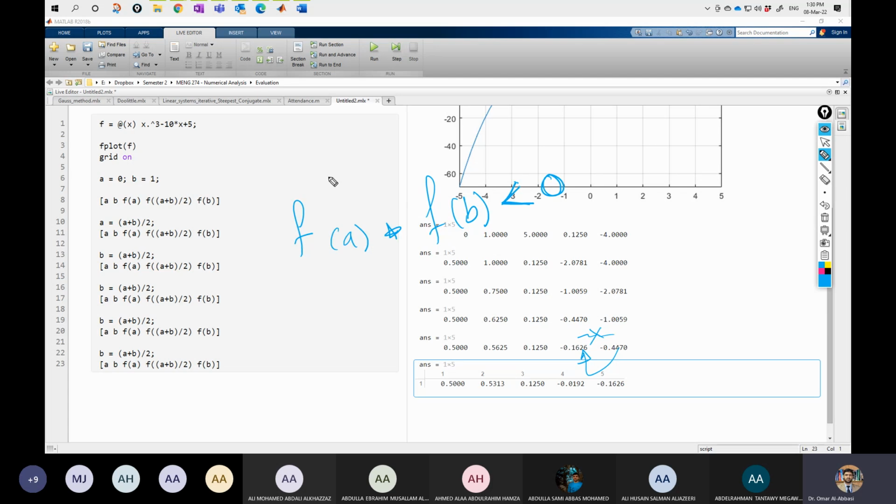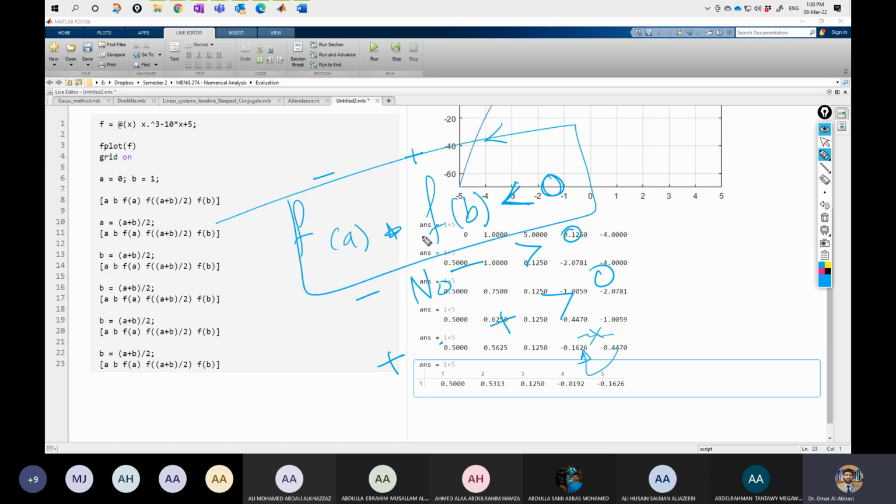Less than 0. And if this was negative and this was positive, then we know that there is a solution. So it should be less than 0. If that was negative and that was negative, it is more than 0. No solution. If it was positive multiplied by a positive function, it is again above 0. So we need to satisfy that condition first.